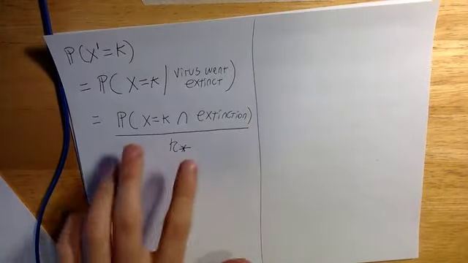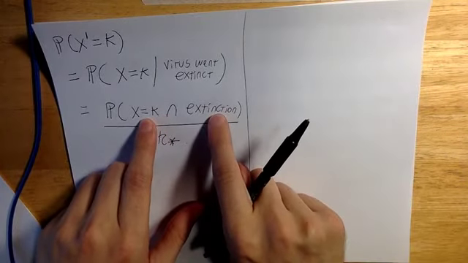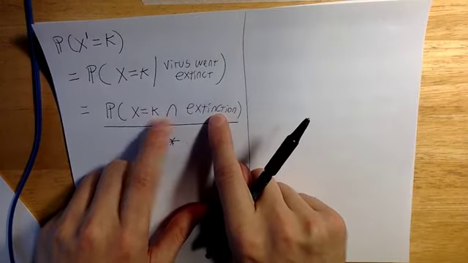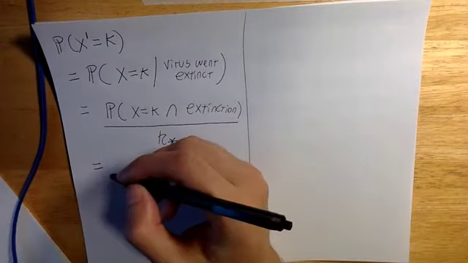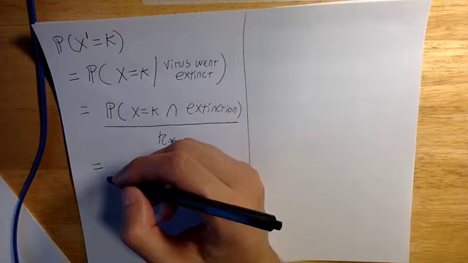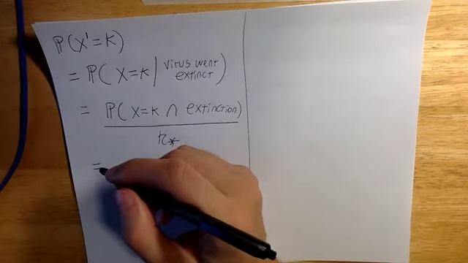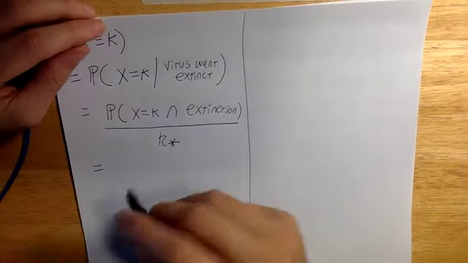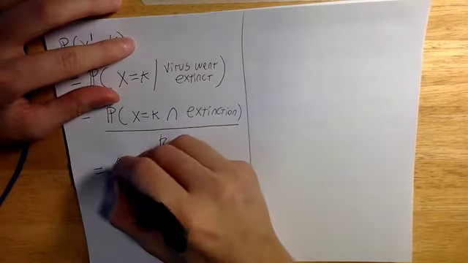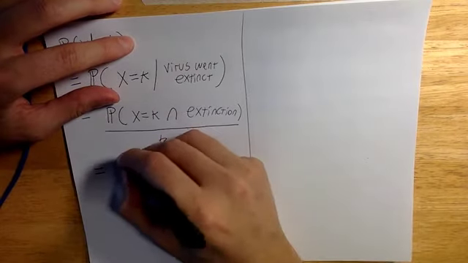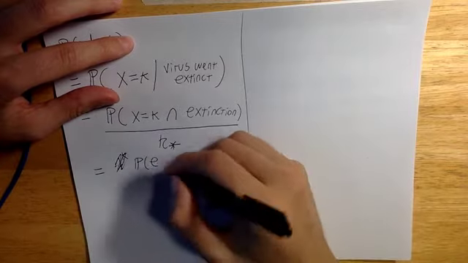So now what we can do is the sort of Bayes rule. Having the intersection of X equals k and extinction, here we have lambda to the k. So this would be the probability of extinction.